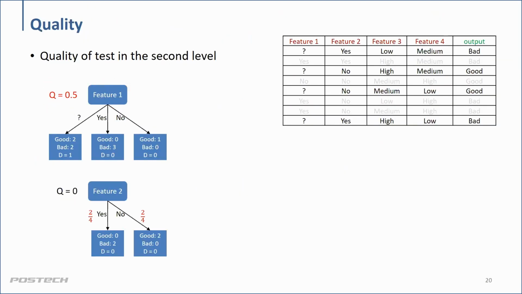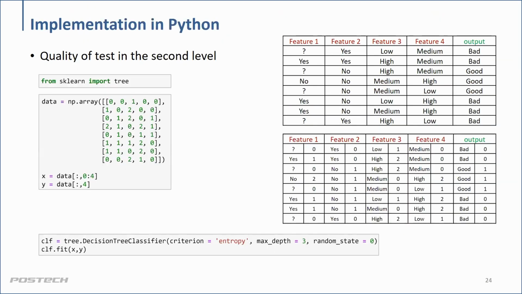Now let's move on to how you implement it. You can program it yourself, but the function already exists in sklearn: tree.DecisionTreeClassifier, using the criterion entropy.